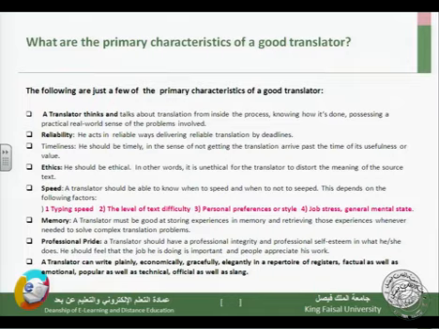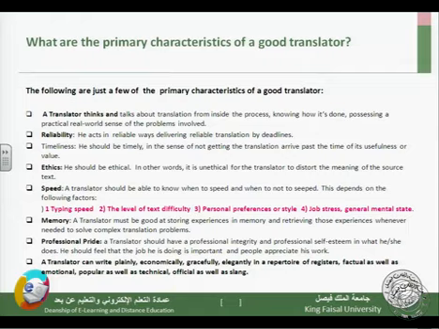He should feel that the job he is doing is important and that people appreciate his work. You need to be proud of being a translator, so that you enjoy it and become professional in your job.